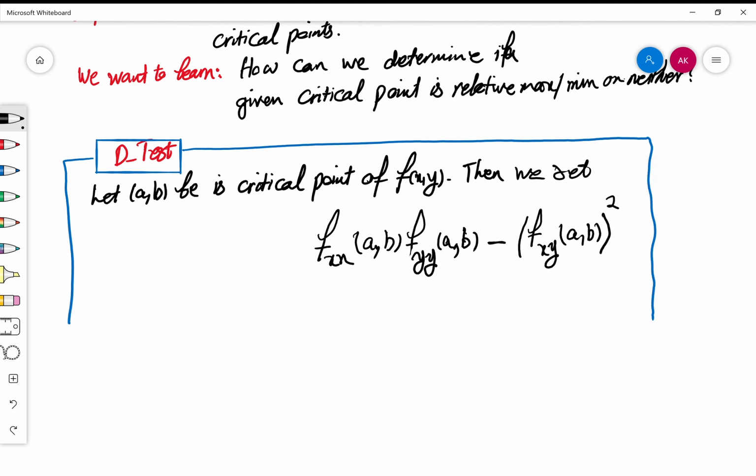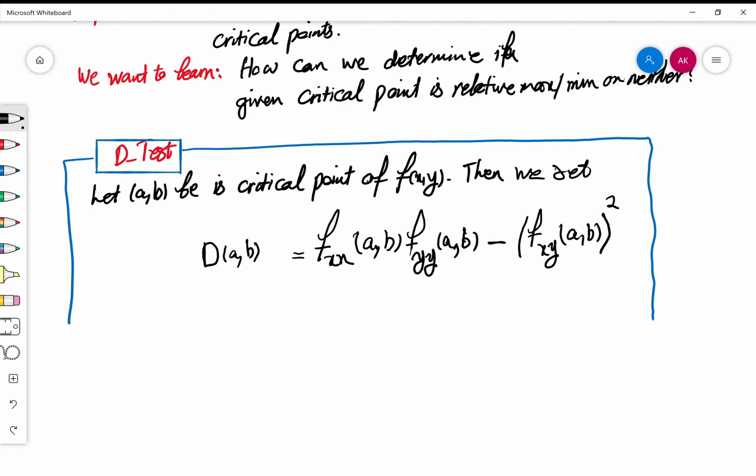So fxx at (a, b) times fyy at (a, b) minus fxy at (a, b) squared. We call this guy D. This is the D you see in the name of the test, D-test. But for me, just to emphasize that this depends on the point (a, b), I sometimes put (a, b) in front of that just to emphasize that there's a relation between these two.